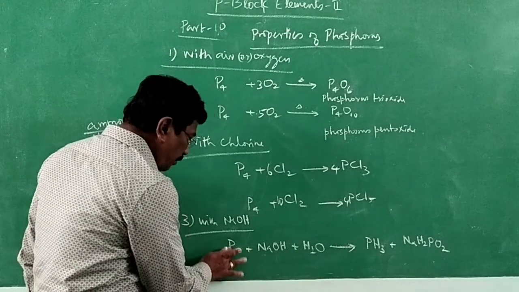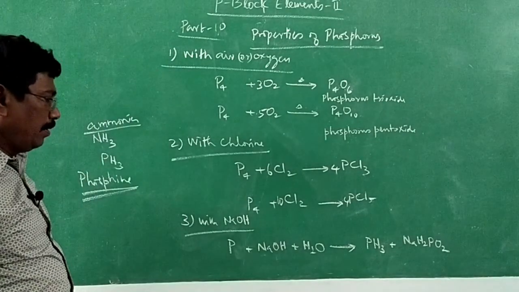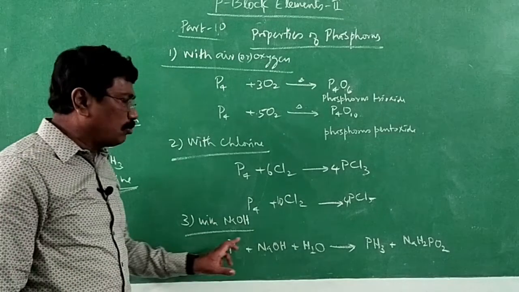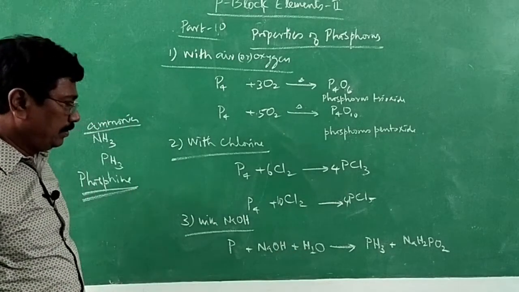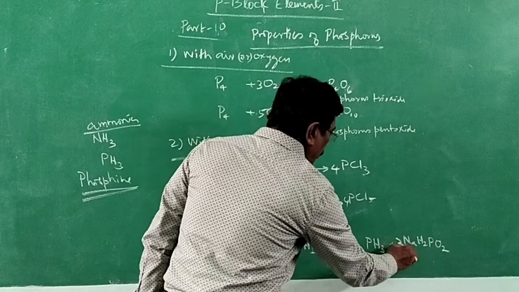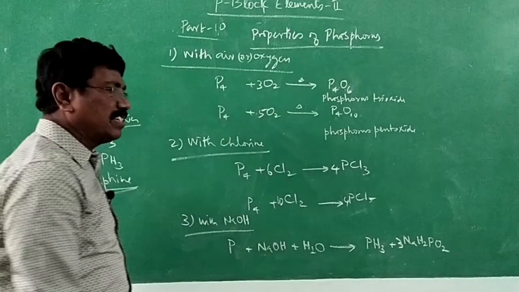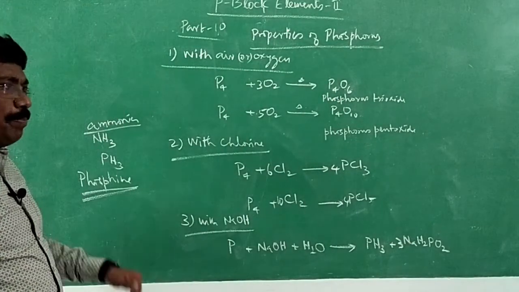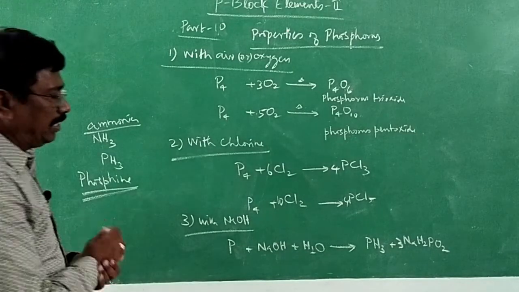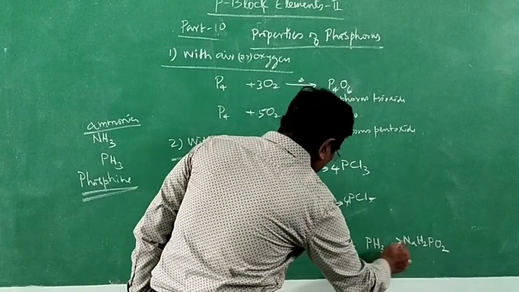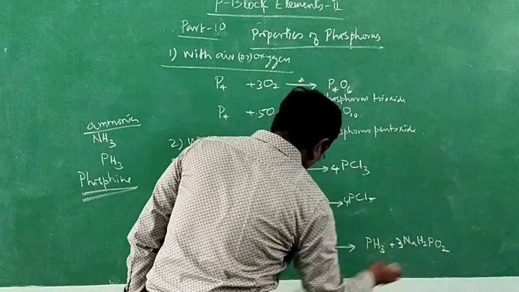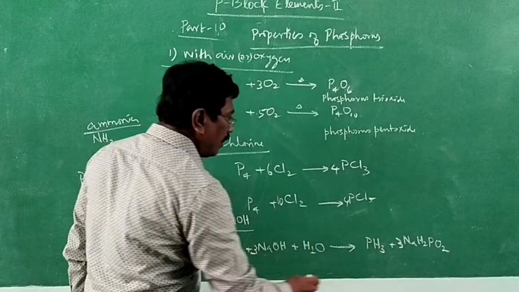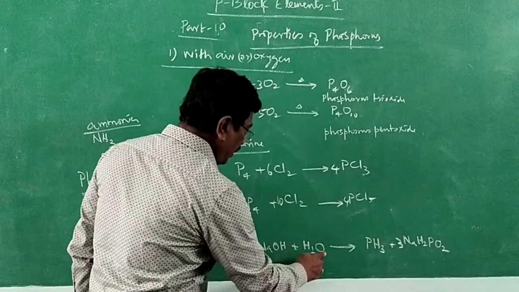If I write simply P, you will be getting phosphorus with sodium hydroxide and water giving 3 molecules of sodium hypophosphite and phosphine. If it is written as P, fine. If P4, it has to be multiplied. Now, we have 6 oxygen, 3 sodium, therefore 3. 6 oxygen, 3 here, 3 here.